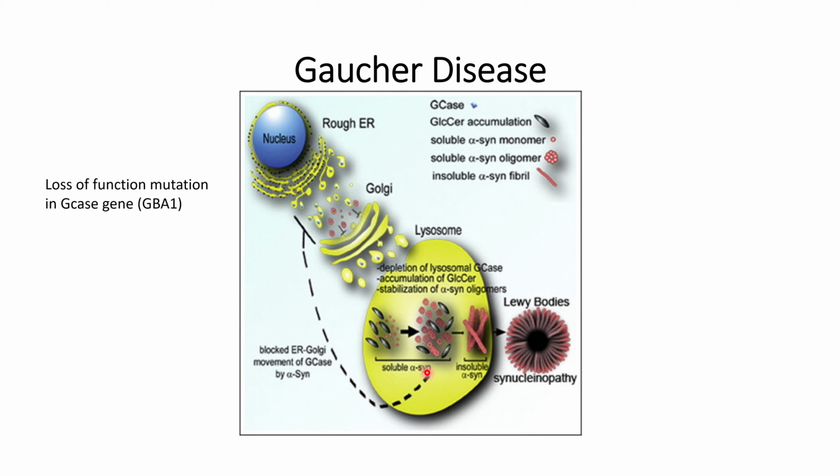After some time, when the soluble alpha-synuclein becomes more stabilized, it will convert into insoluble alpha-synuclein because of the higher concentration of alpha-synuclein within the lysosome.